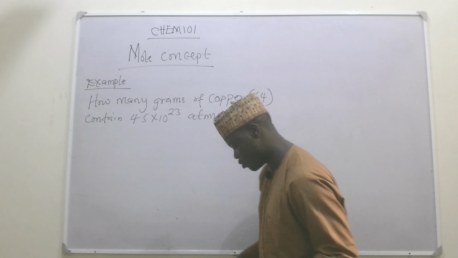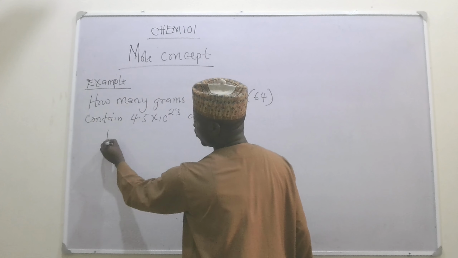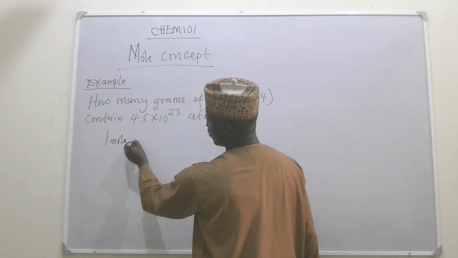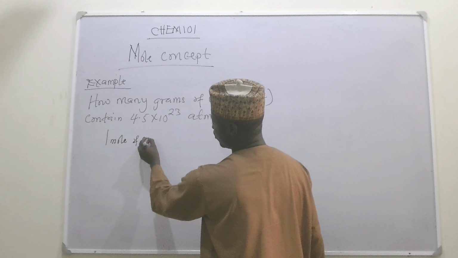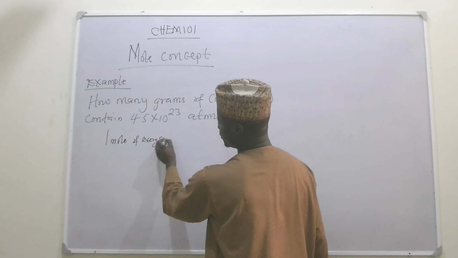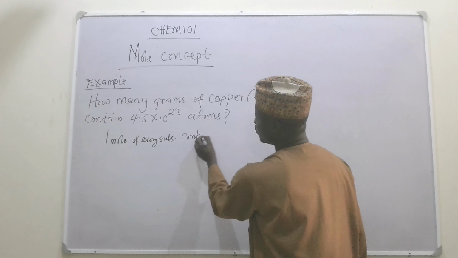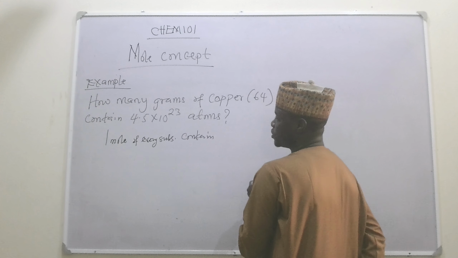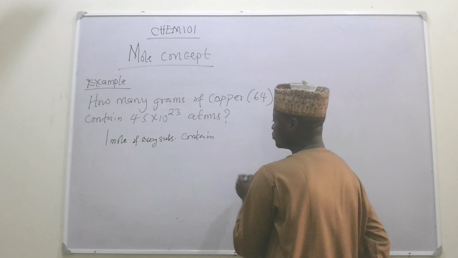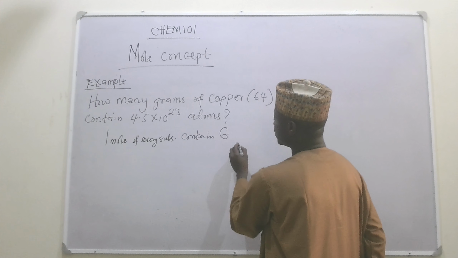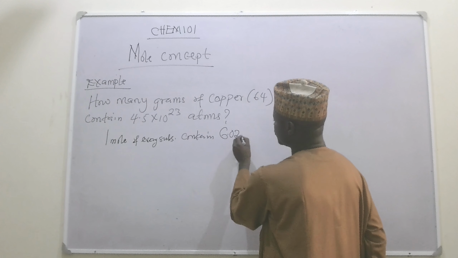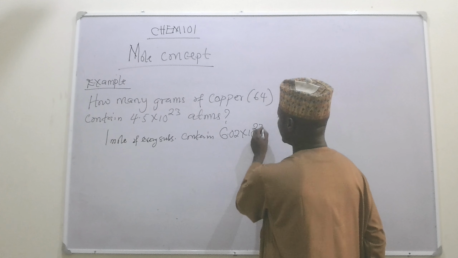So we know that one mole of every substance contains Avogadro's number. It means that one mole of any substance contains 6.02 times 10 to the power of 23.